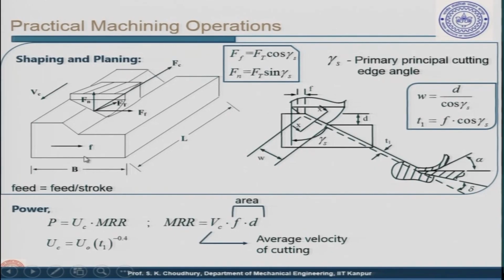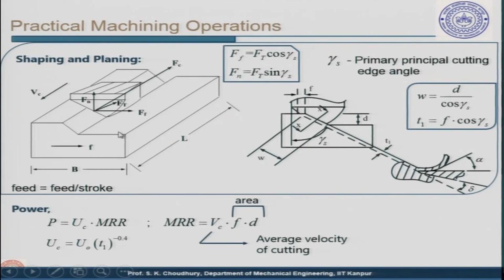Now, as I was telling, the forces which act here on the shaping and the planing are different. Here there is the feed force, which will be along the direction of the feed. This is the normal force Fn, and the normal force is perpendicular to the already machined surface.